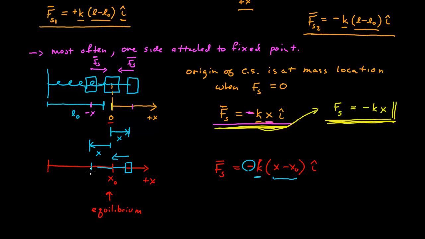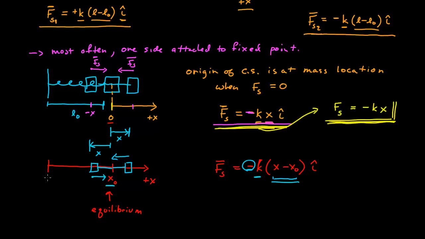Whereas if the system is compressed, then the position of the mass is at a value of x smaller than x naught. So in that case, x minus x naught is negative, and that negative then cancels the original negative to give us a positive force, which is what happens. There's a positive force that is pushing the mass back to equilibrium.